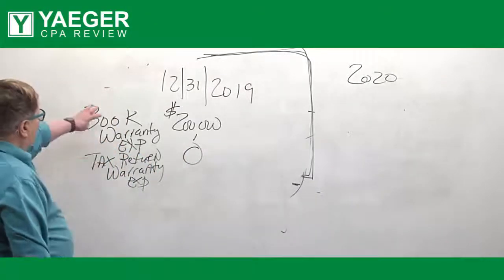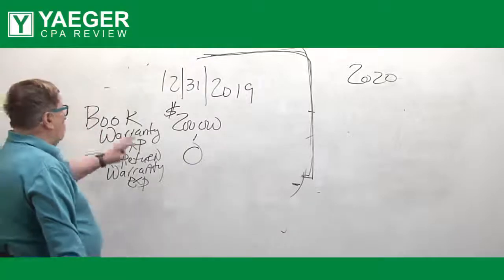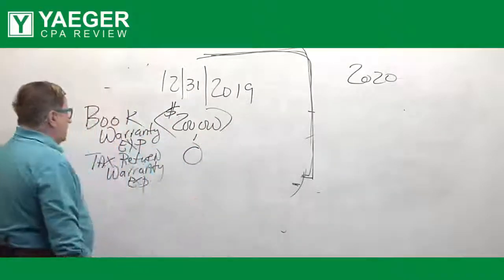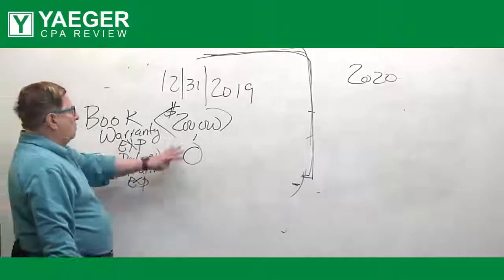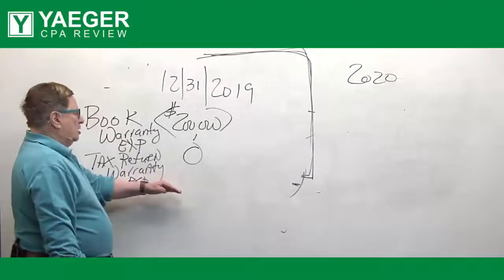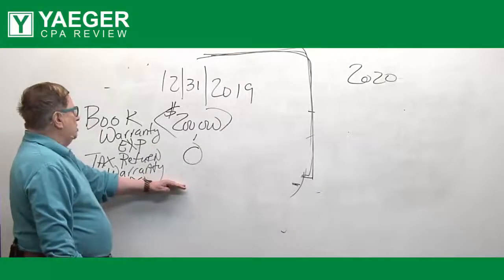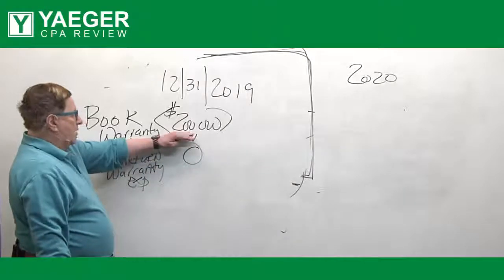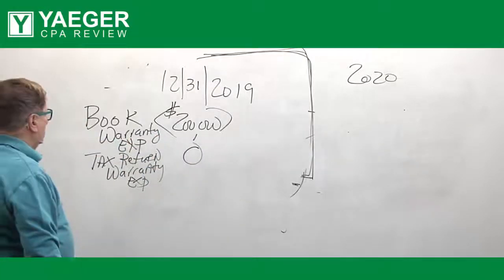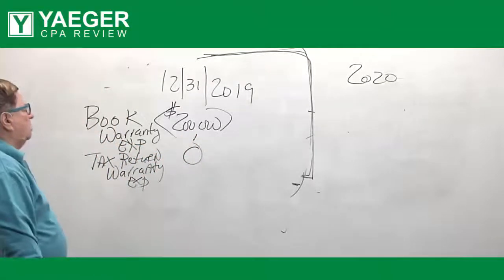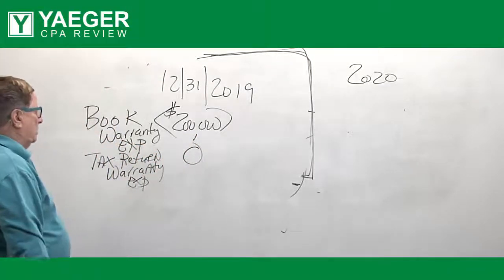Well, let's assume that we have book warranty expense of $200,000 and 0 on the tax return. Taxable income is going to be higher than book income by $200,000. Isn't that true? Taxable income is going to be higher than book income by $200,000 because we have a deduction on the books but nothing on the tax return.